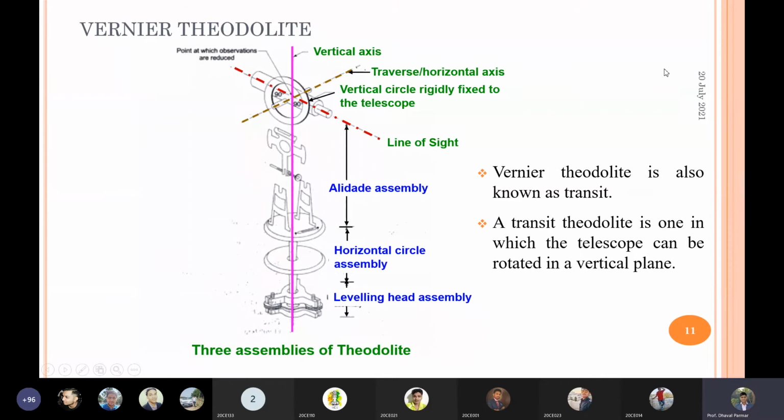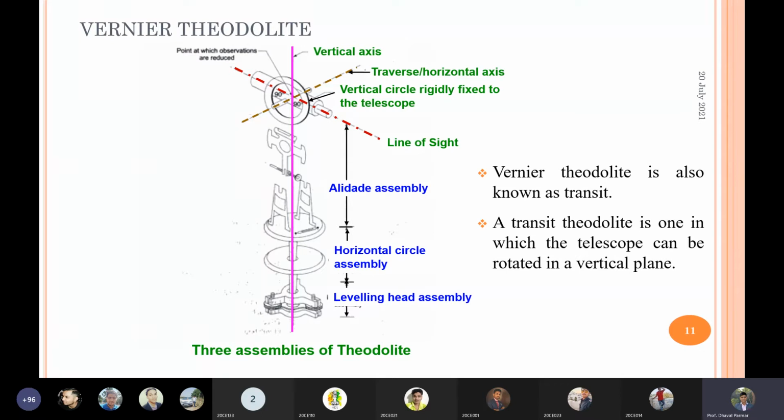Next one is the Vernier Theodolite. Here in the figure you can also see that. The Vernier Theodolite is also known as the transit theodolite. A transit theodolite is one in which the telescope can be rotated in a vertical plane.